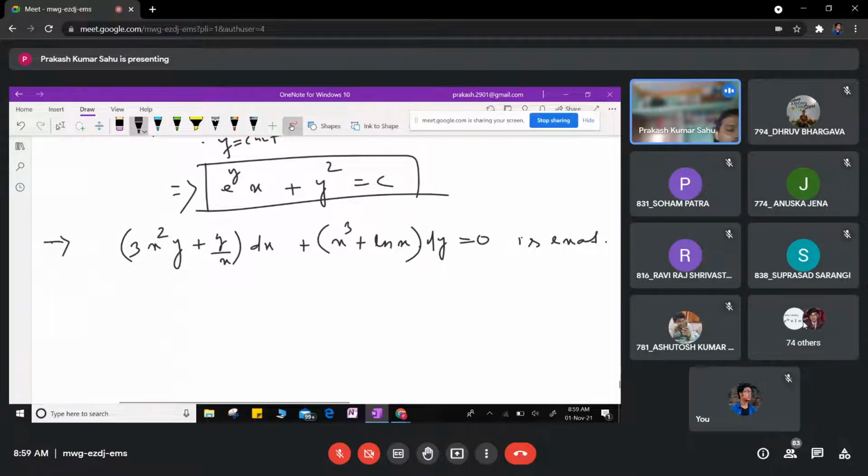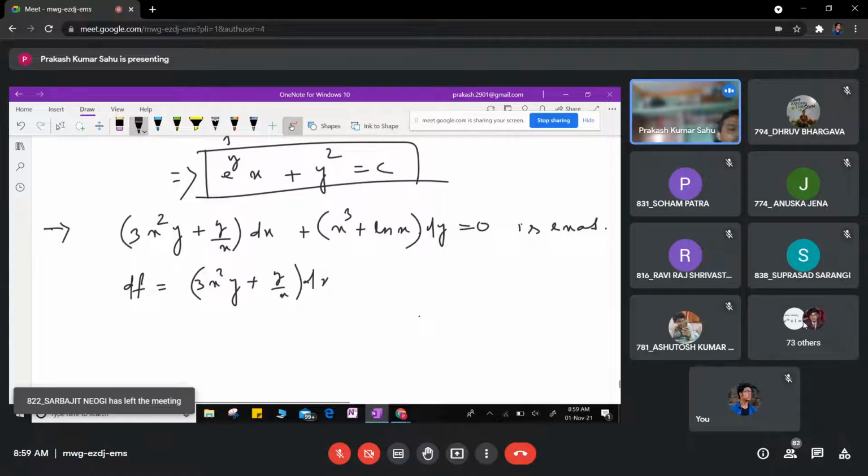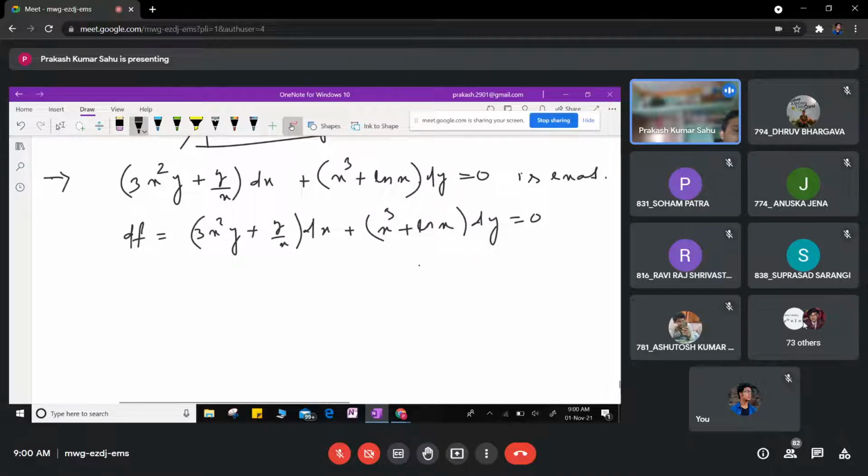So now let us see, here df is equal to (3x square y plus y by x) dx plus (x cube plus ln x) dy is equal to 0.